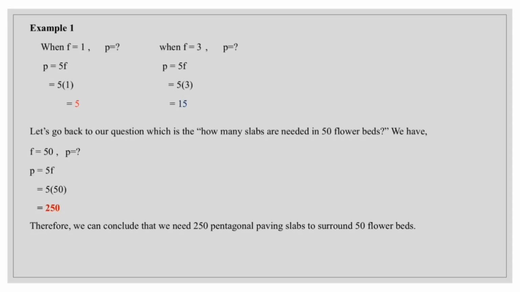We have the value of f here is 50, and then P is equal to 5F. Substitute the value of F, which is 50, and then 50 times 5 is equal to 250. Therefore, we can conclude that we need 250 pentagonal paving slabs to surround 50 flower beds.